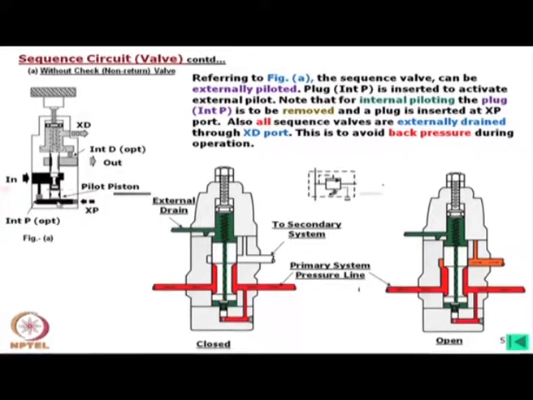Now, if I excite externally, then this will move and oil will go. At what pressure it will work depends on the setting we have done here.